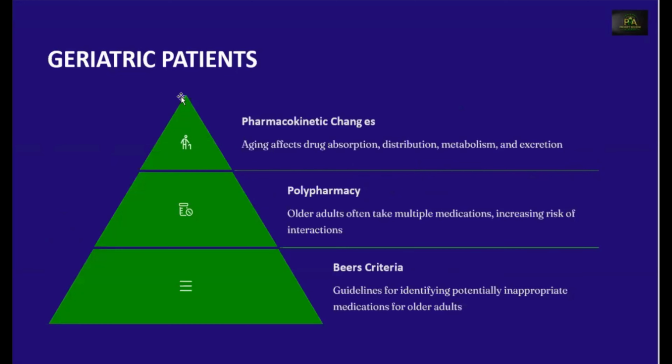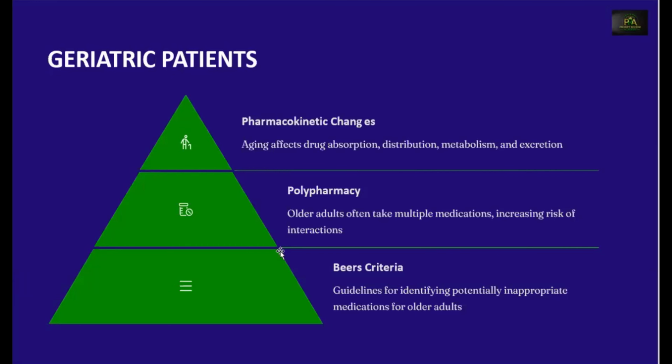So you also know that with geriatric patients, you are monitoring the pharmacokinetics, what the body does to the drug. So for older people, as people age, they have slow absorption, distribution, metabolism, and excretion.